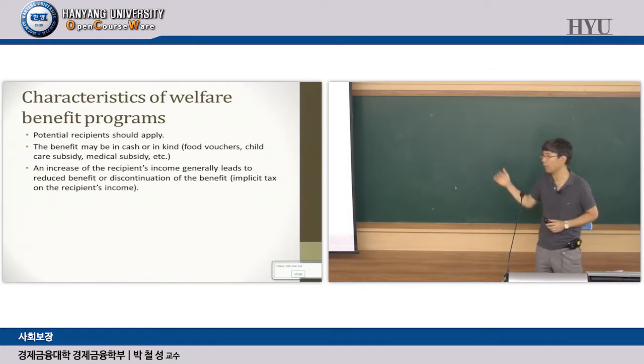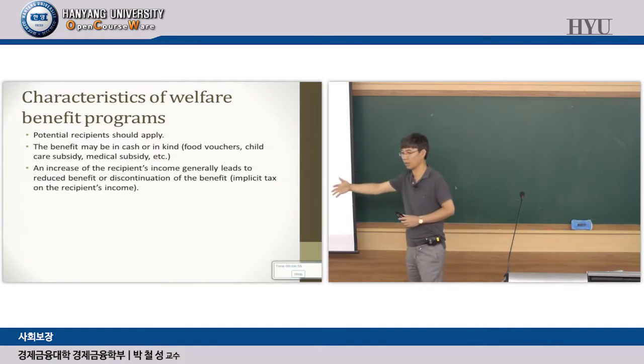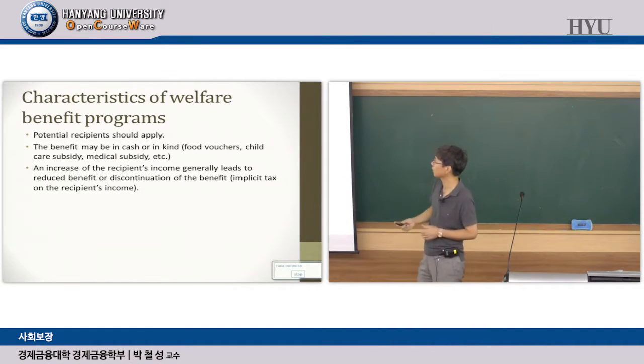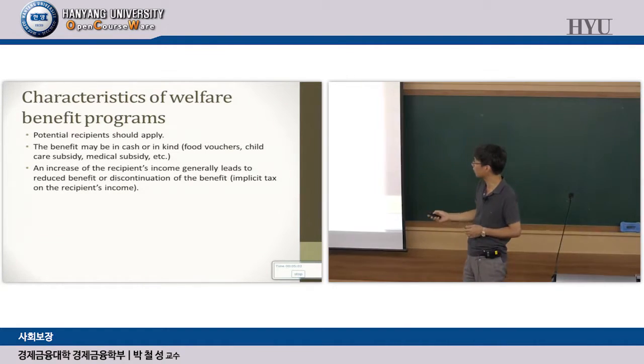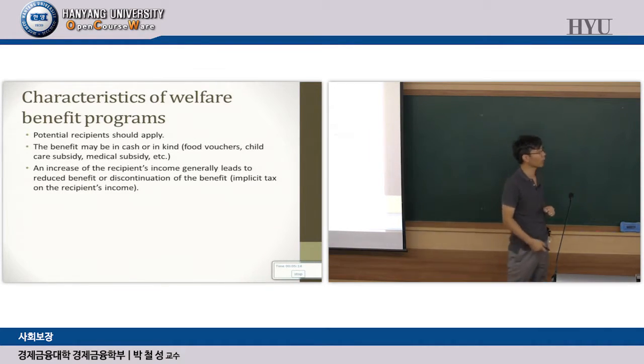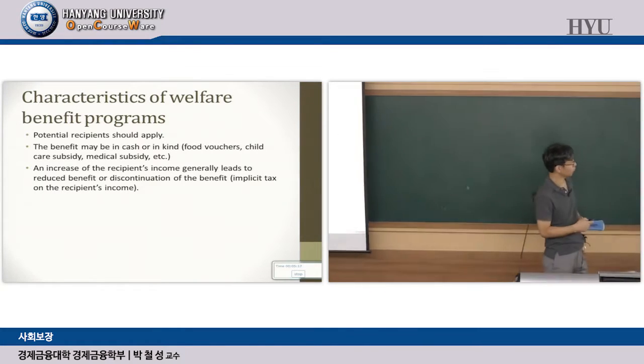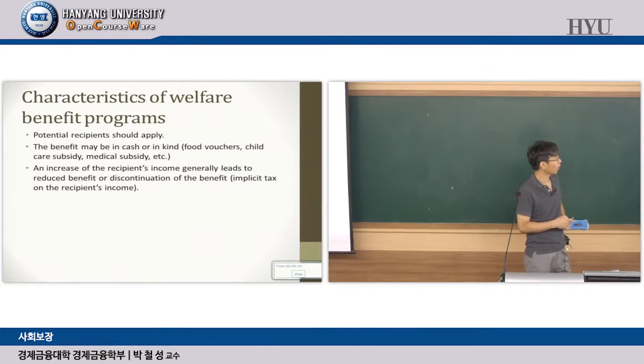By how much depends on the rule of the individual welfare benefit program, but in all welfare benefit programs, with probably only a few exceptions, an increase of own income leads to reduced benefit, or if your income is higher than a certain threshold, the benefit will not be paid. Discontinuation.